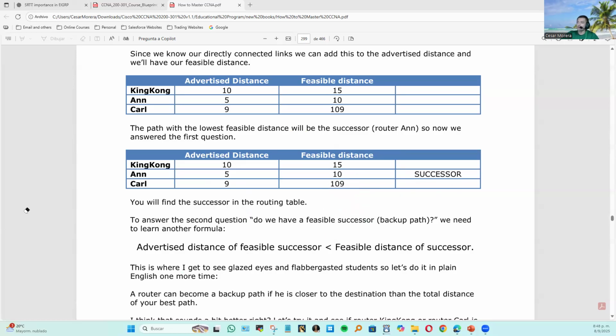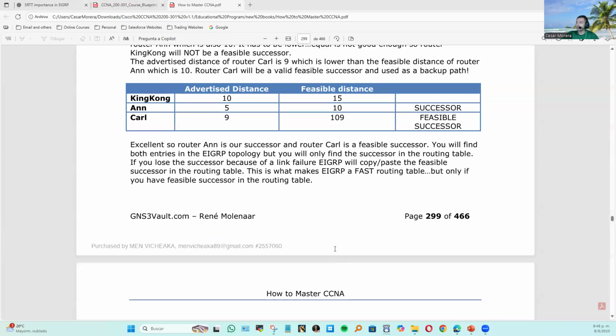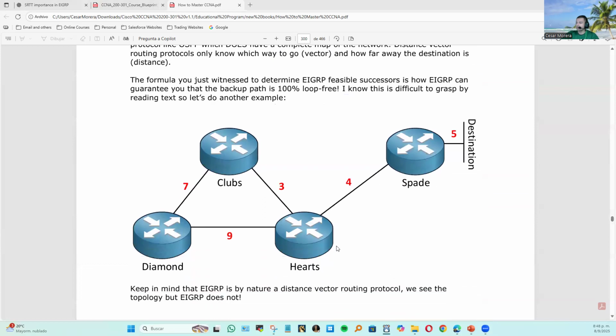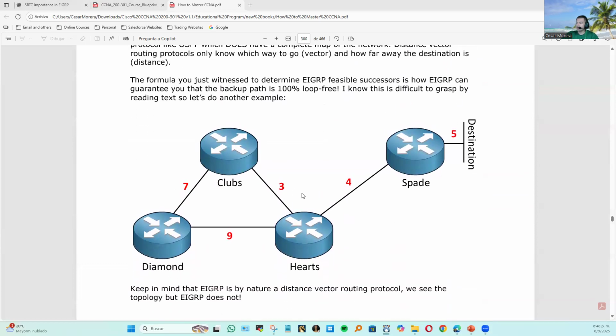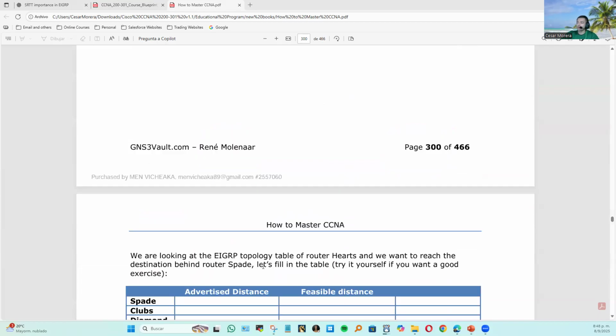Let's continue moving forward and see what else we have in these explanations. There is another example where you have 7, 9, 3, 4, and 5. We have diamond, clubs, spade, and hearts.